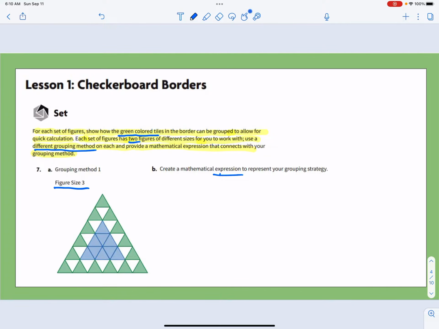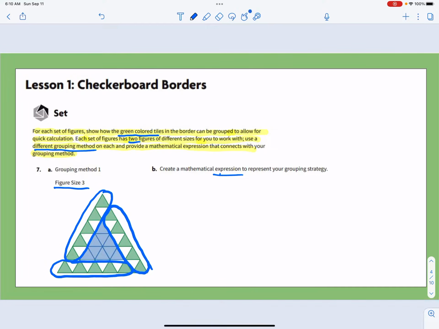How do you want to group these up? Well, one way you might group them is you might look at your greens here on the outside, and we can make a group of green right here, starting from an end point but not taking both ends. And we can have a group there, and a group there.